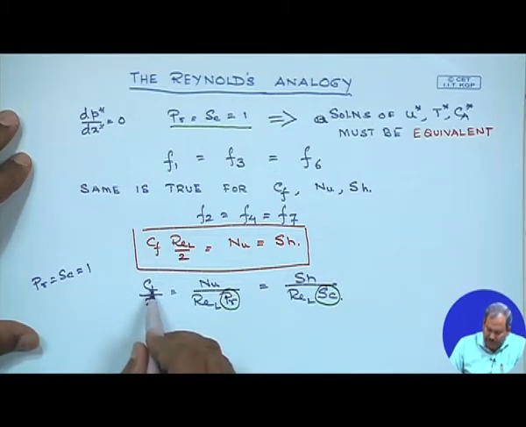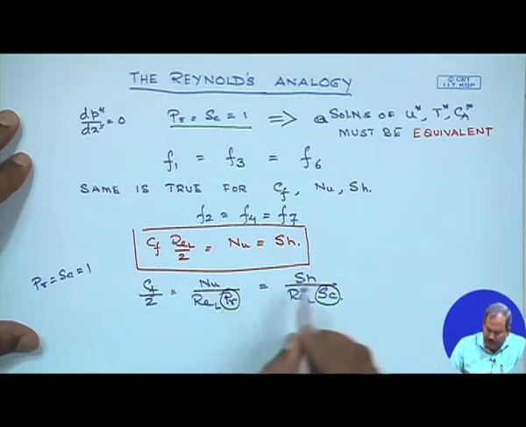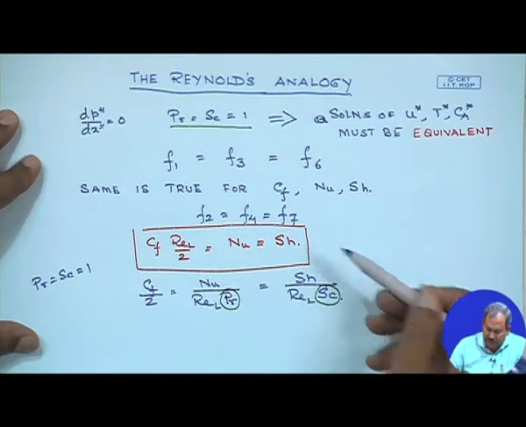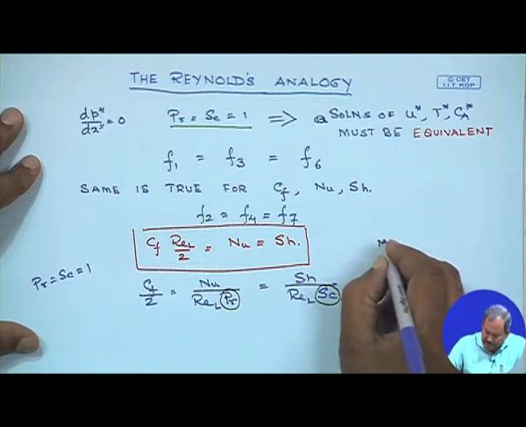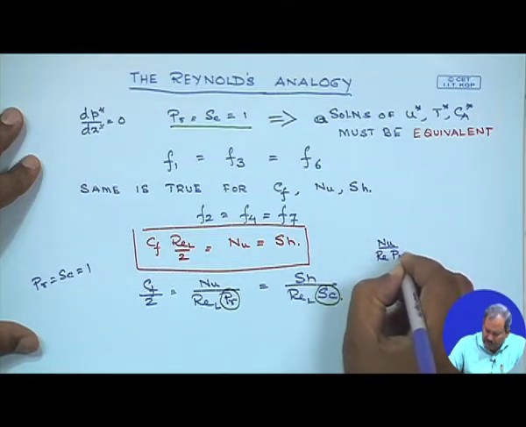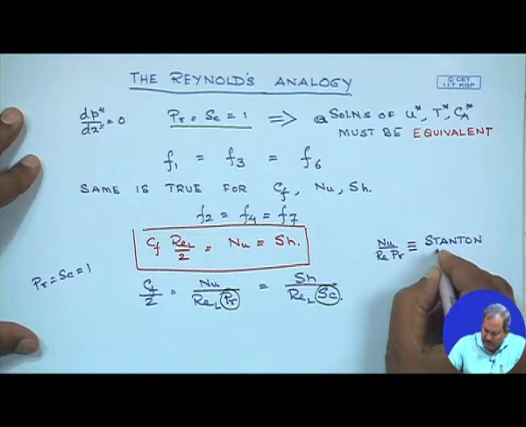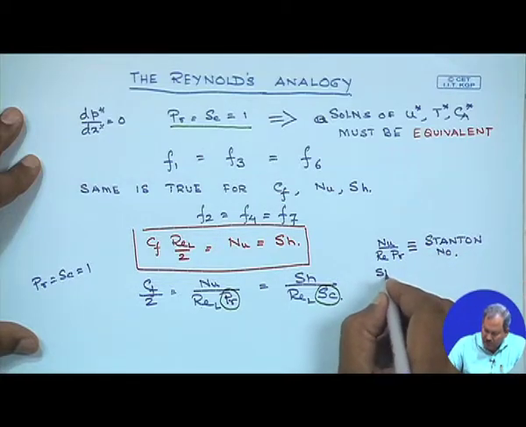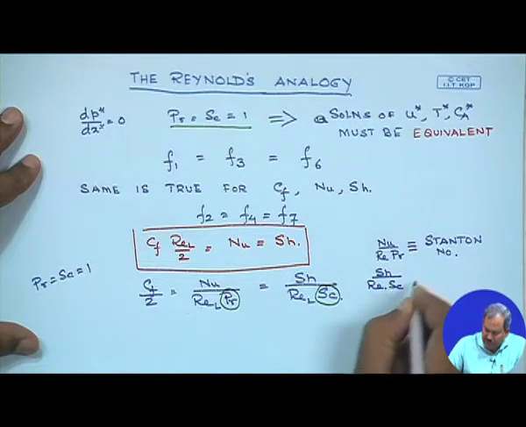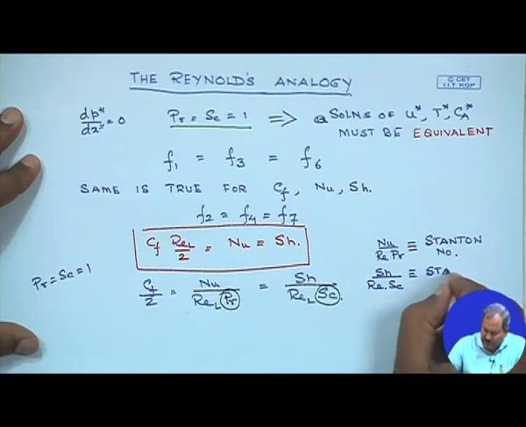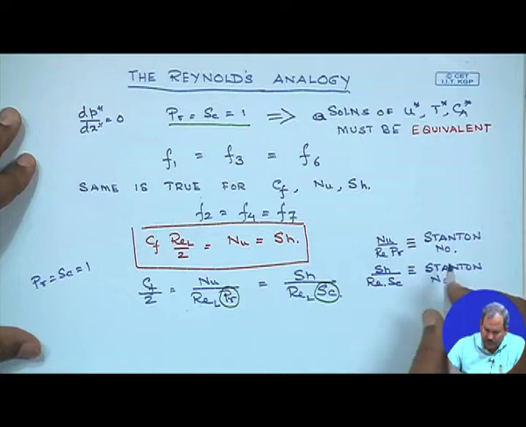So, therefore, expressing Cf in terms of Nusselt Reynolds Prandtl or Sherwood Reynolds Schmidt would not change the generality of this, and this Nusselt by Reynolds times Prandtl is called the Stanton number, and Sherwood by Reynolds Schmidt is again also called Stanton number, the Stanton number for mass transfer.